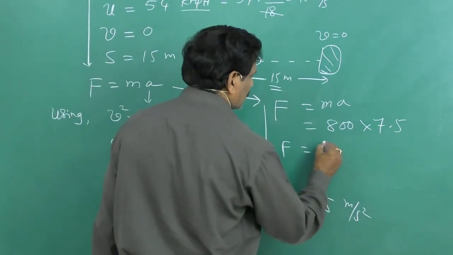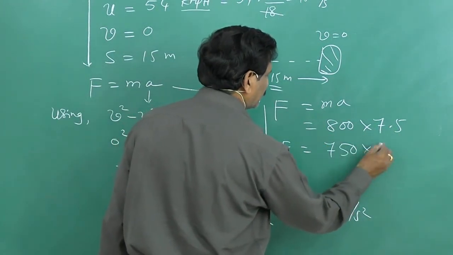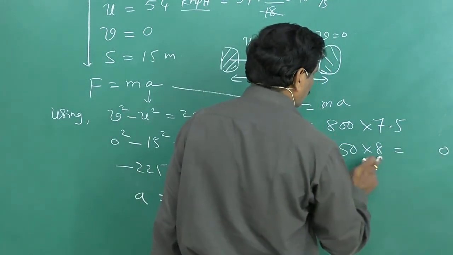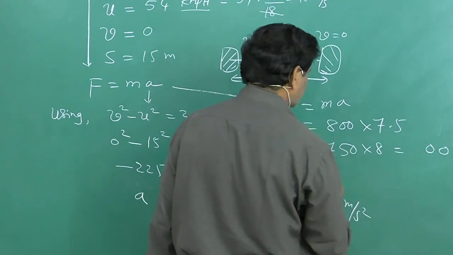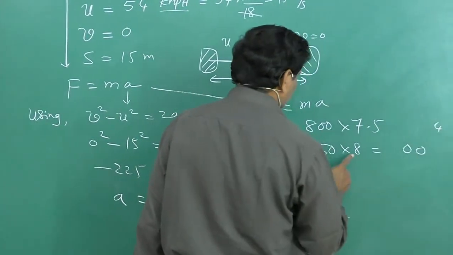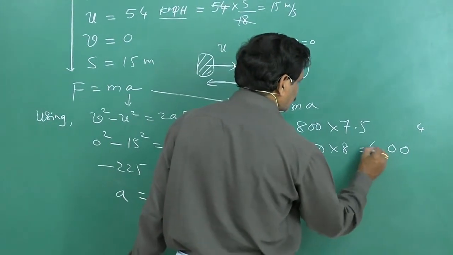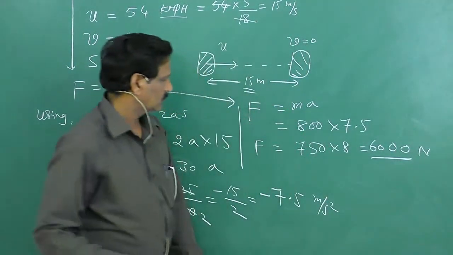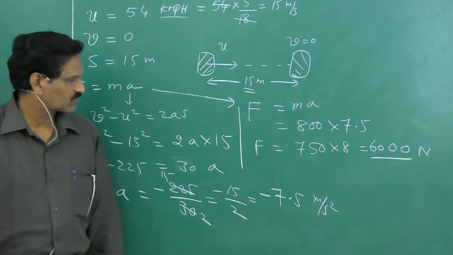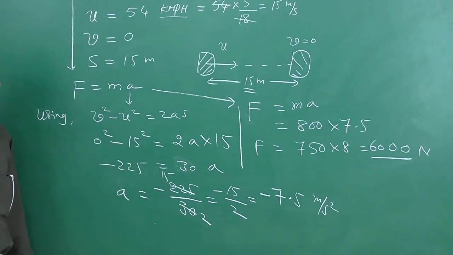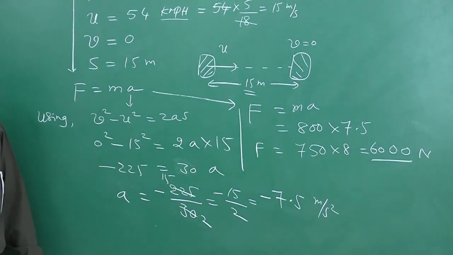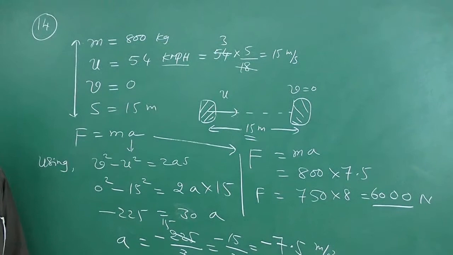So this is 750 into 8, which is equal to 6000 Newton. So this is the retarding force. Retarding force is equal to 6000 Newton, the retarding force developed by the brakes of the car.